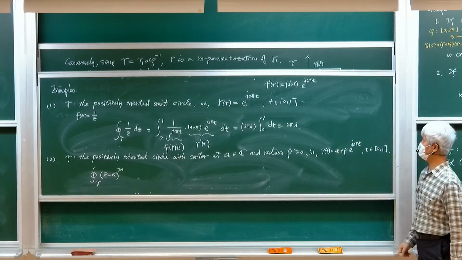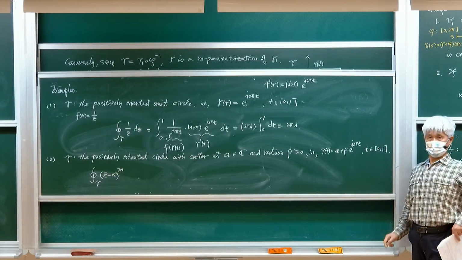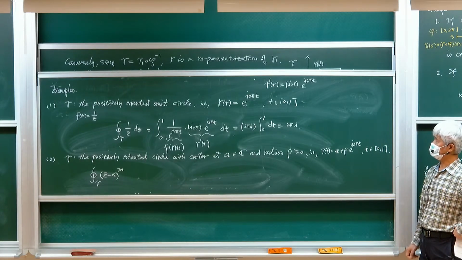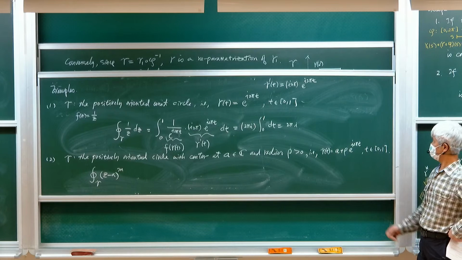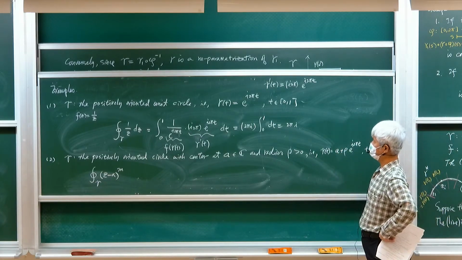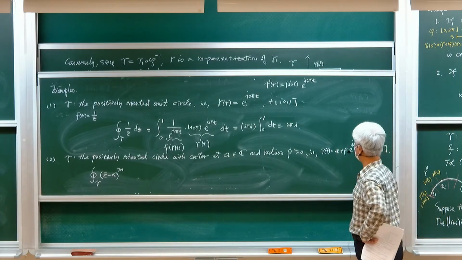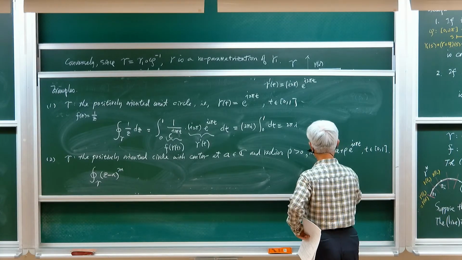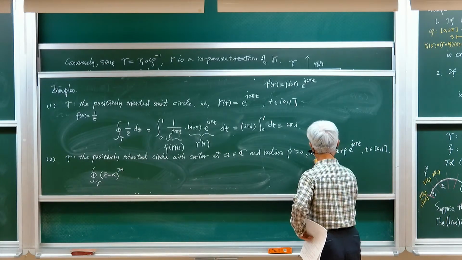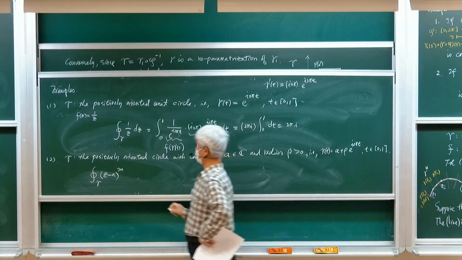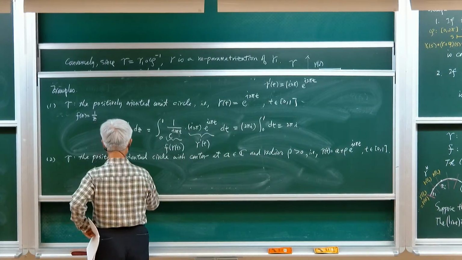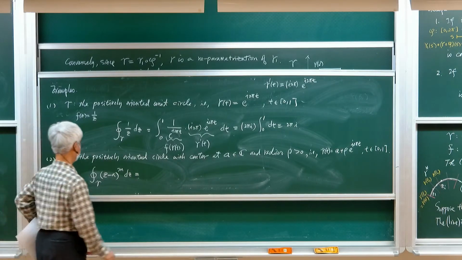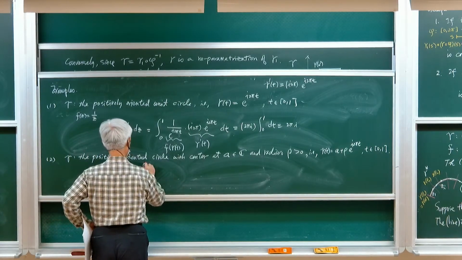So this is the parameterization of such an oriented circle. And f of z, as we know, is z minus a to the m. So we compute this line integral, and this is by definition.